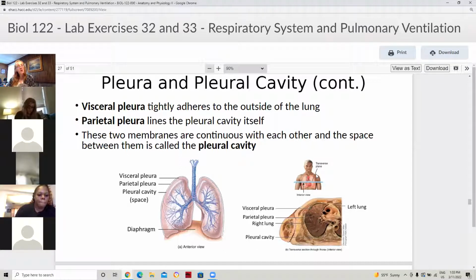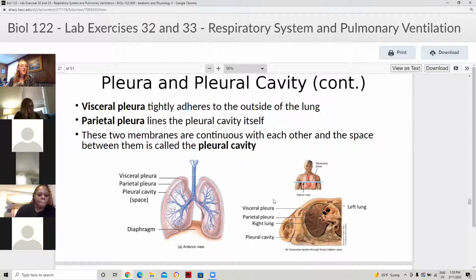It's not like the heart where it's loose, the parietal pericardium and the visceral pericardium, the epicardium, how they're not attached to one another at all.